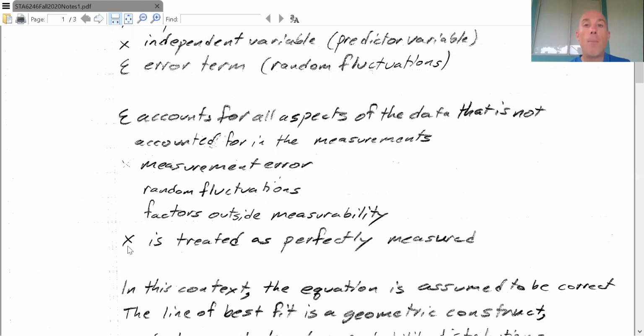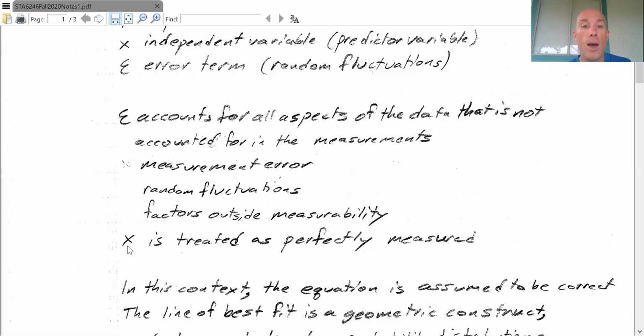Something about this modeling system is that we assume that x is perfectly measured. This is an important aspect if you really want to understand what's going on: x is treated as perfectly measured. What is one of the ramifications of that? When we start looking at the error terms, if I look at the scatter plot and try to look at the deviation of the points away from the line, we're going vertically when we do those measurements.